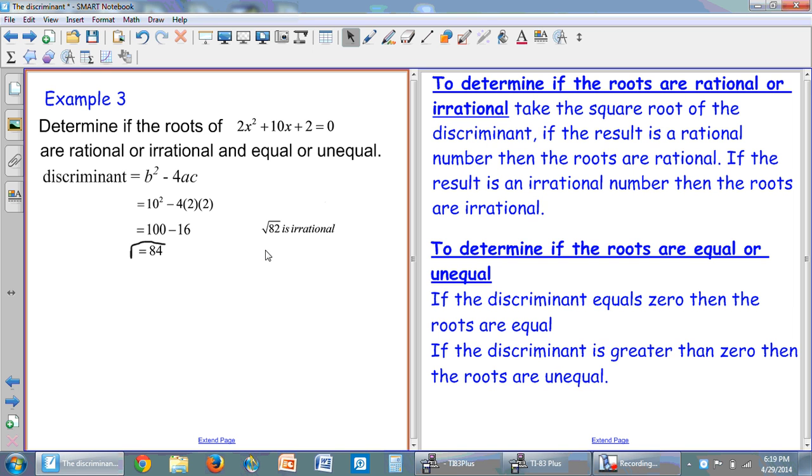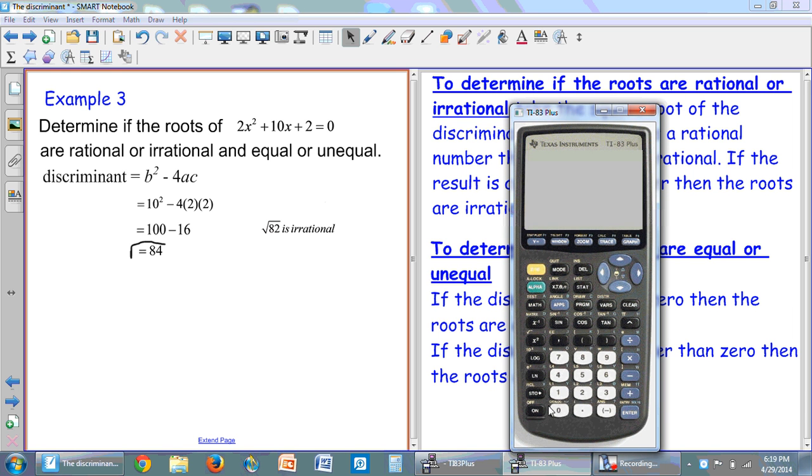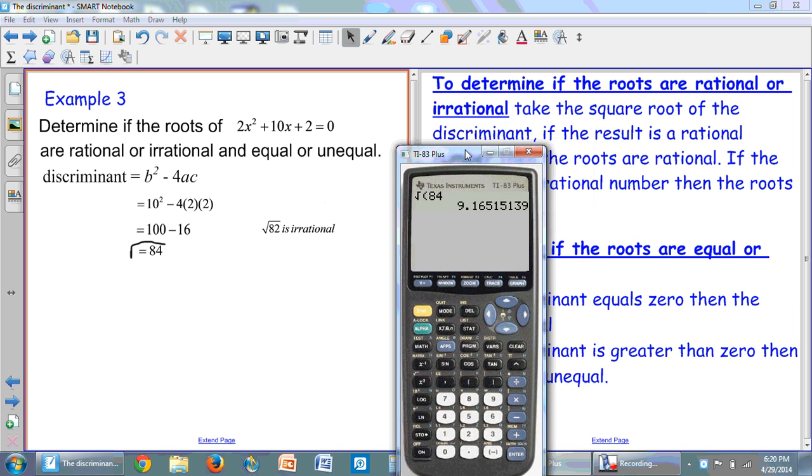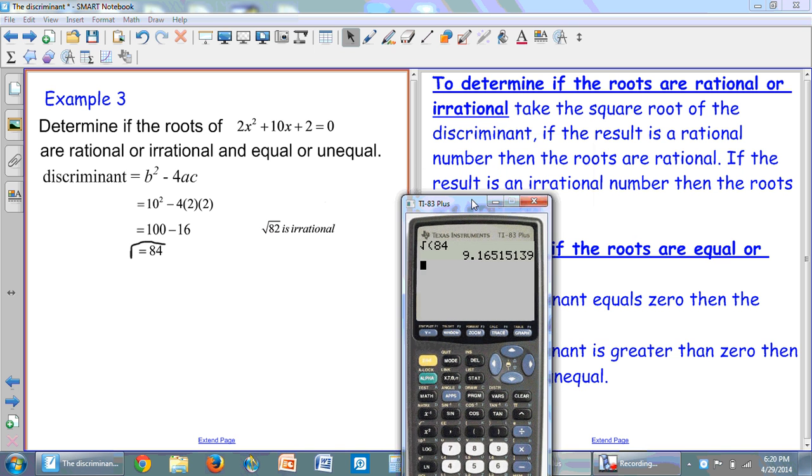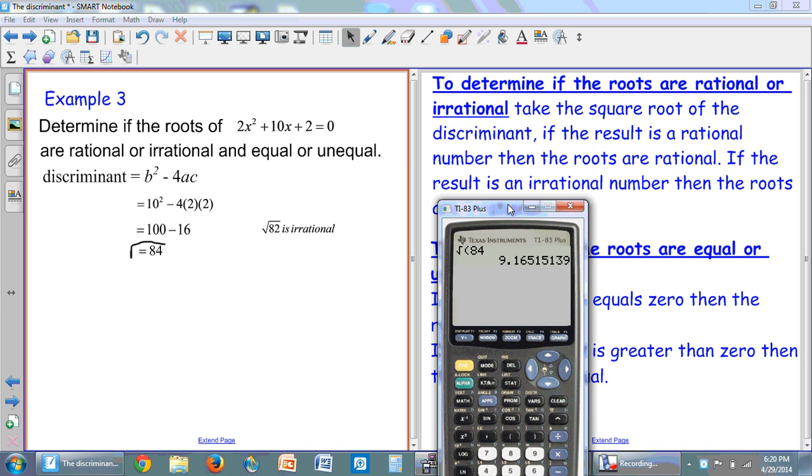You get an irrational number, right? See that? It's an irrational number. You have a non-repeating decimal. So since square rooting the discriminant gives you an irrational number, we know the roots are going to be irrational.